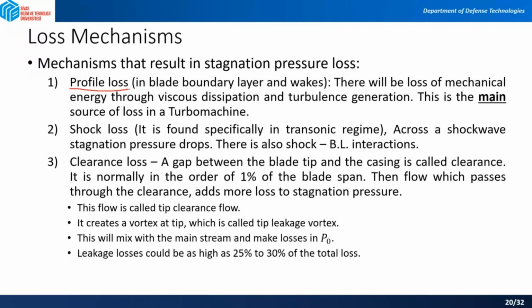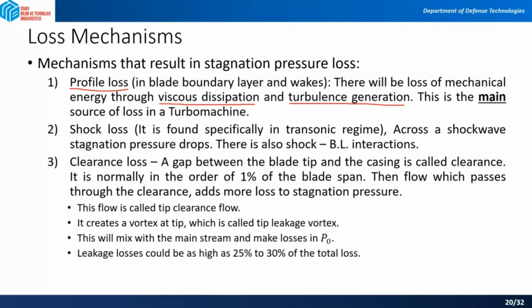This profile loss is happening in the blade boundary layer and wakes, and there will be loss of mechanical energy through viscous dissipation, so viscosity, and also turbulence generation. This is the main source of loss in a turbomachine. So when I ask you what is the main source, it is the profile loss.